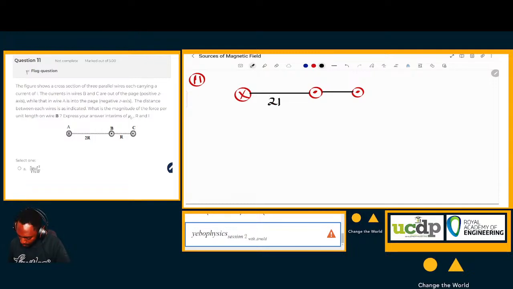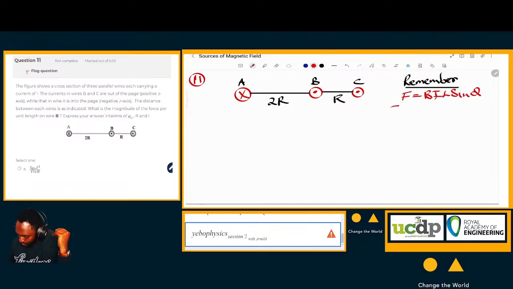So this is 2R and this is R. So this is A, this is B, and this is C. Okay, so remember, F is equal to B I L sine of theta.